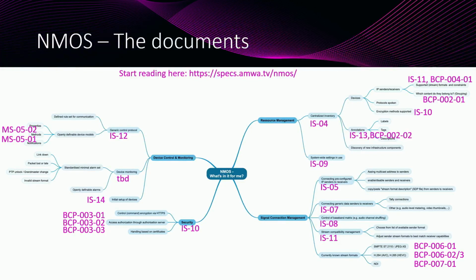And I don't think anyone will be offended if I say that right now the web page of AMWA is not quite the most inviting way to get into the details. So that's maybe a good entry point for you to look into it.